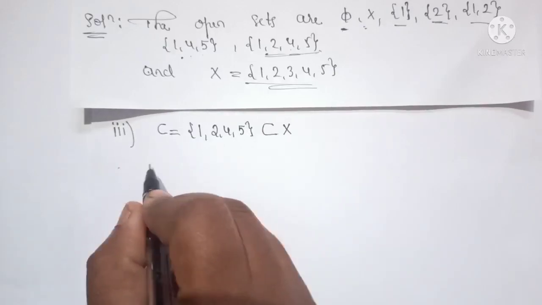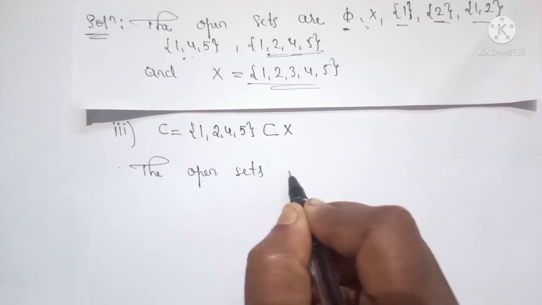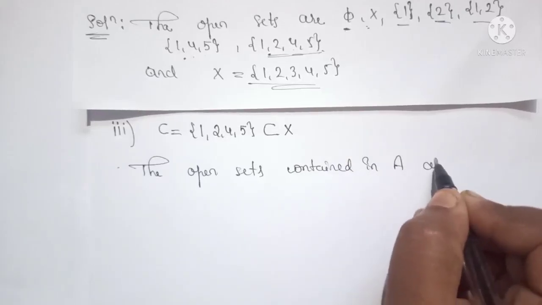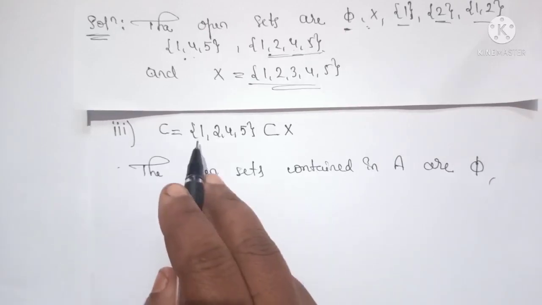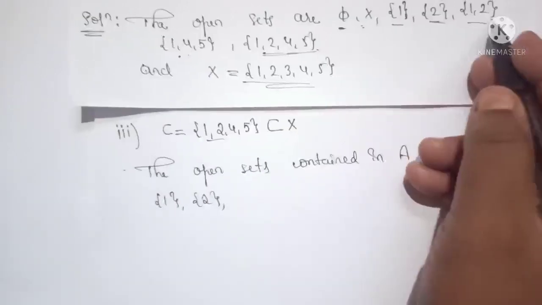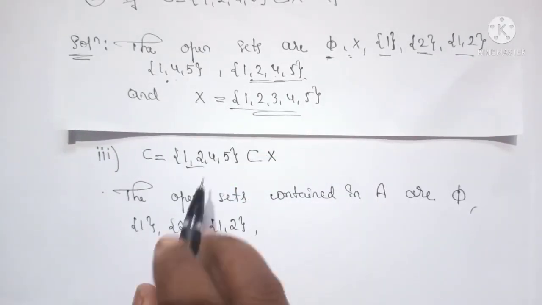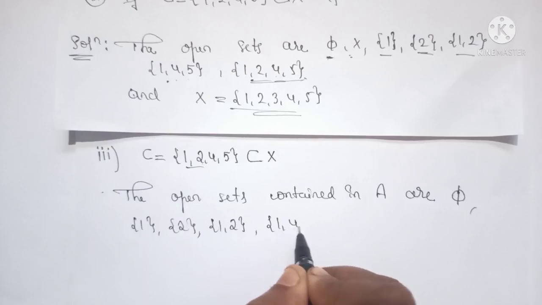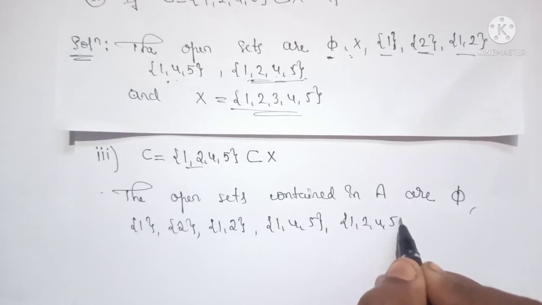Solution: the open sets which are contained in C are obviously first the null set, second 1 and 2, and also 1 comma 2, then 1 comma 4 comma 5 and 1 comma 2 comma 4 comma 5.